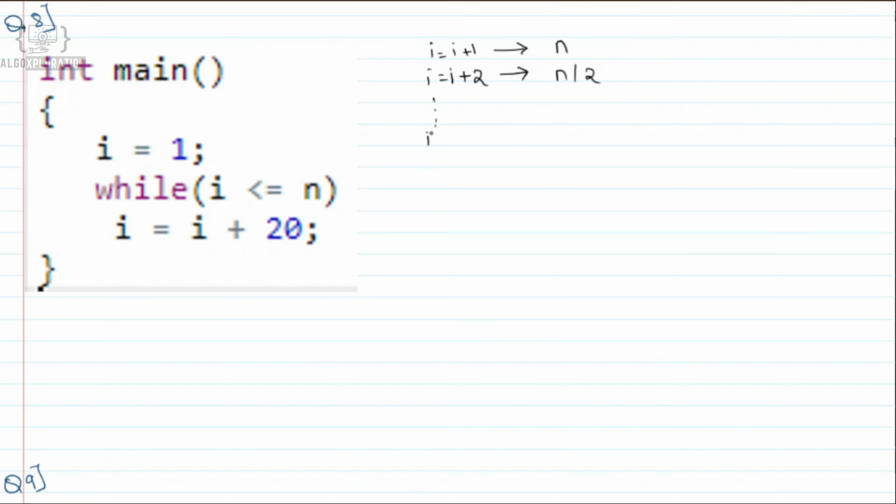And when i equals i plus 20, it will be running for n by 20 times. Therefore, we can say that this statement runs n by 20 times. Therefore, the complexity will be order of n only because we are neglecting the constant, that is 20.